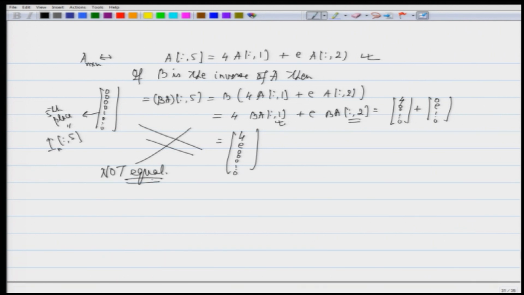Fine. We can make a similar statement when we are looking at rows. So if there is some row, say the third row of A, is equal to 4 times the first row of A minus 2 times the second row of A, then I can multiply B on the right now.